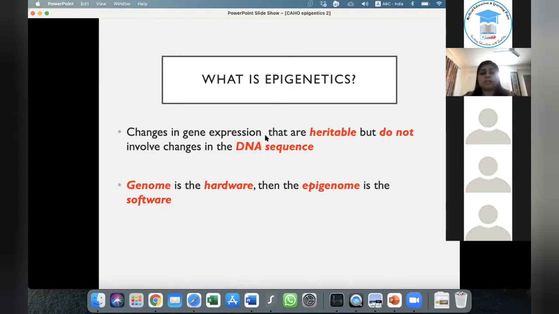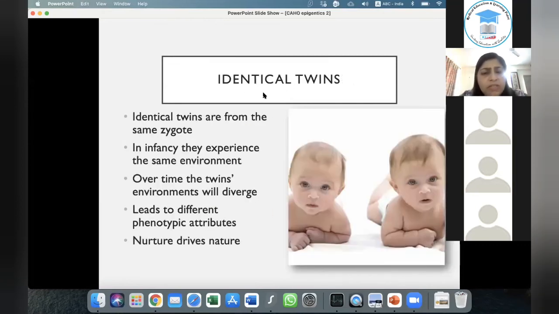So that is the interesting part, that there is capability to change phenotypic outcomes which are heritable, but without changing the DNA sequence. And if we were to compare the epigenome and the genome, it's something like a genome is your hardware and the epigenome is the software which drives the hardware, which is your genome.